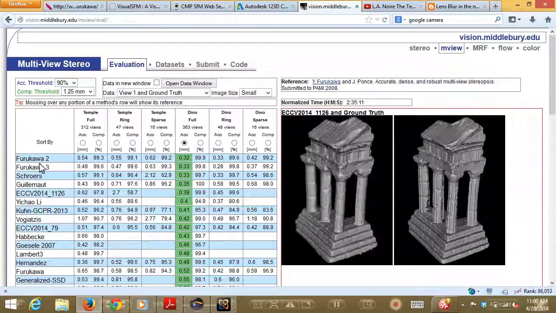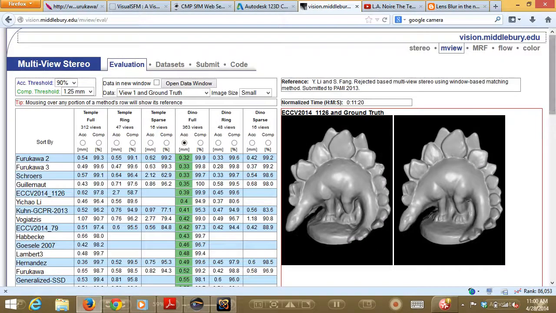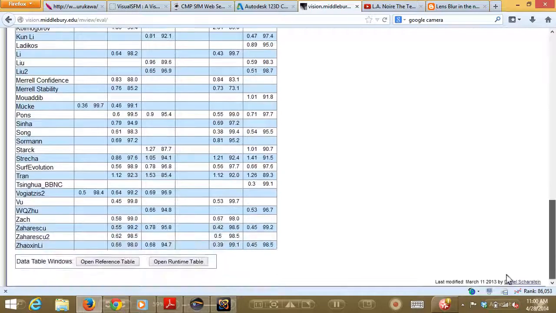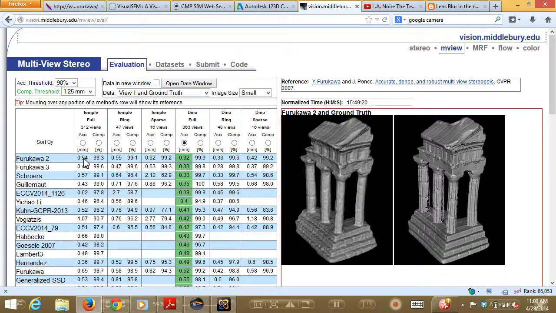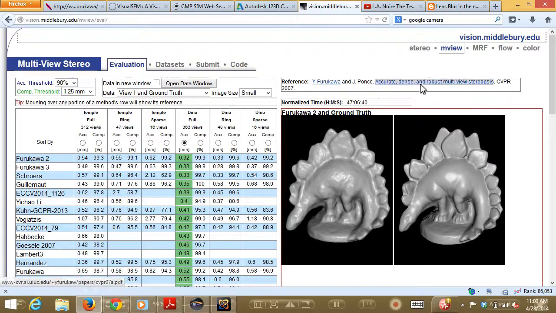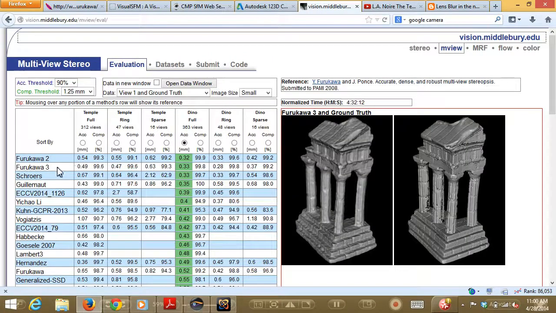You can see here these Furukawa 2, Furukawa 3. Furukawa is the researcher that I told you about before. Basically, these papers by Furukawa are the original patch-based multiview stereo papers, and you can see that these are still at the top of the stack. So I think it's fair to say that patch-based methods are still pretty good.